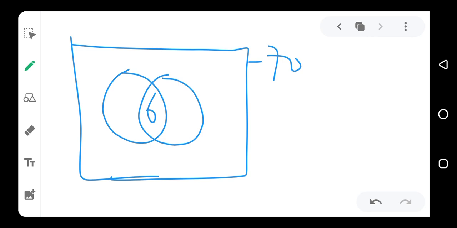Now let's call Tasty Time T, and let's call ice cream I. They say that 36 like Tasty Time. That 36 means the whole of this circle.